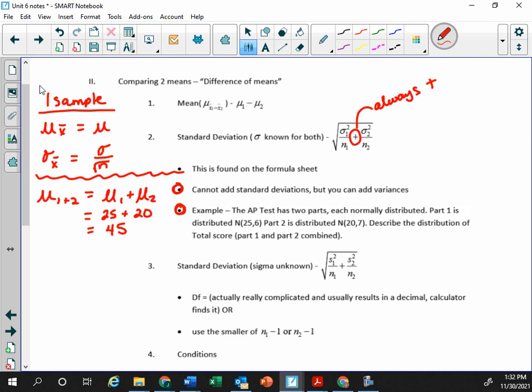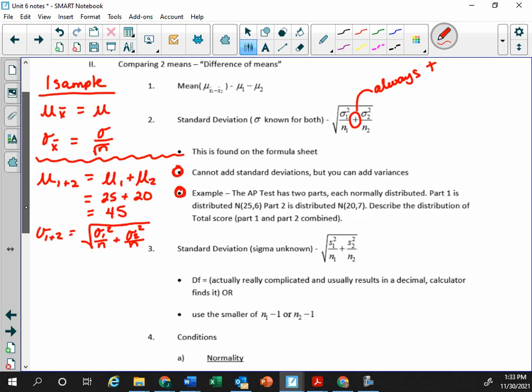But to find the standard deviation of this combined distribution, you can't just add the 6 and the 7. You have to do the standard deviation of the first one squared, and then standard deviation of the second one squared, both of those over n. Sorry, squeezing this in here.